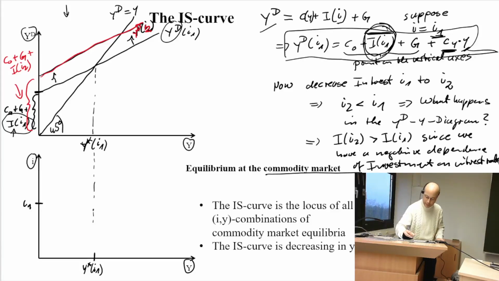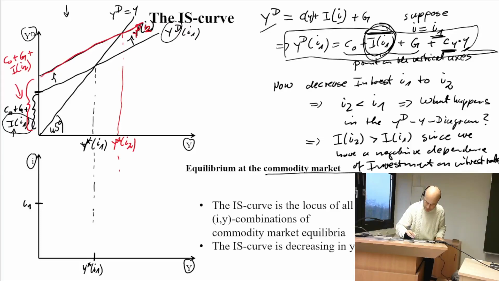And then, of course, since investment has risen, we obtain a higher equilibrium income now depending on our lower interest rate.